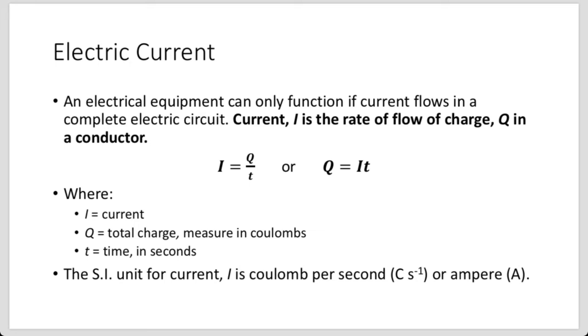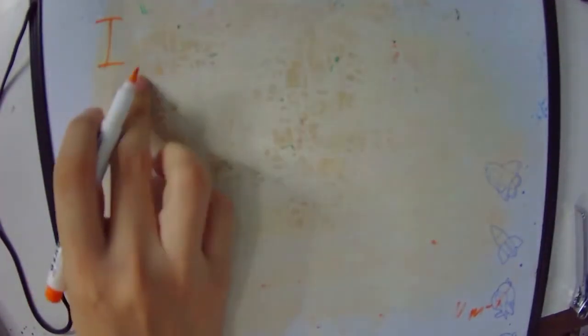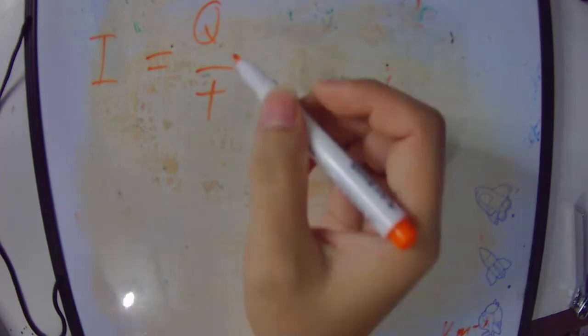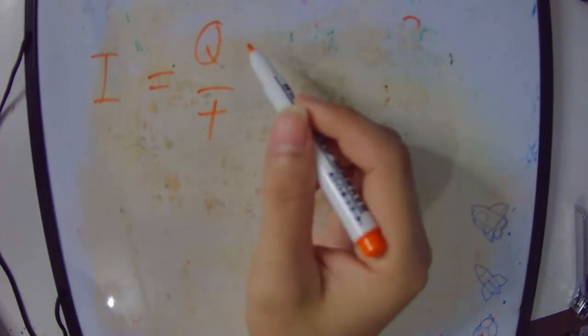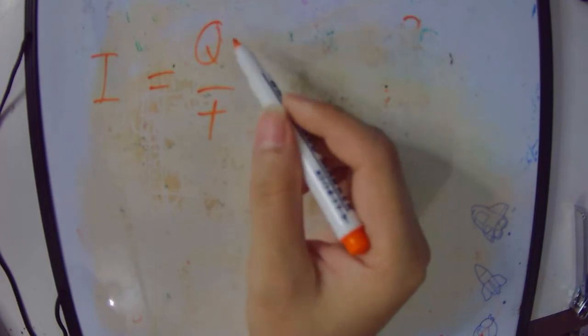All right. Anyway, where was I? Yes. So I is the current, Q is the total charge, and T is time. If we look at how they affect each other, if we have a higher total charge in the same amount of time, then obviously it will cause a higher current.